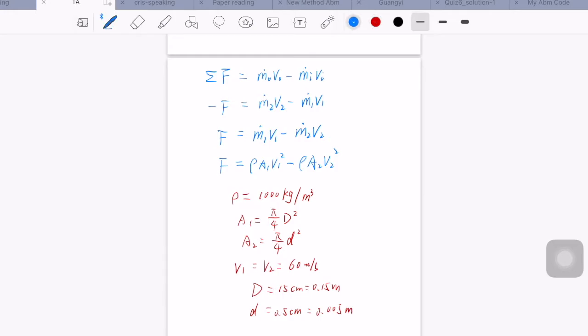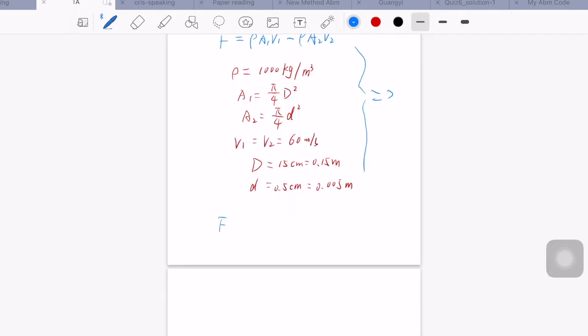So we can get that F should be equal to 3.6 kilonewtons. Since the result is positive, the assumed direction is correct. So the force is to the left. So we finished this problem.